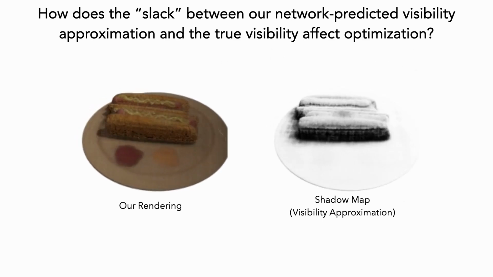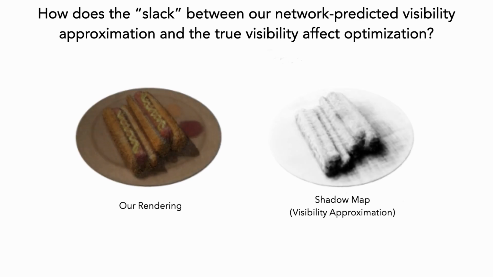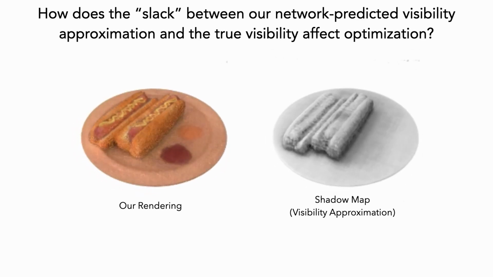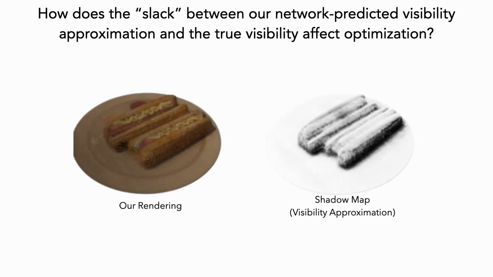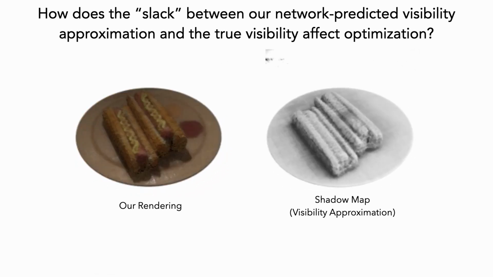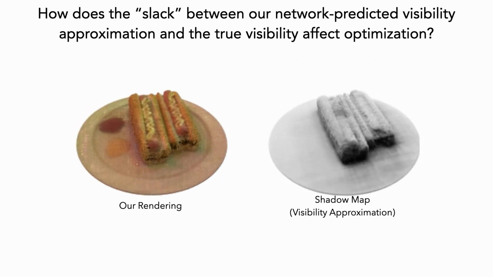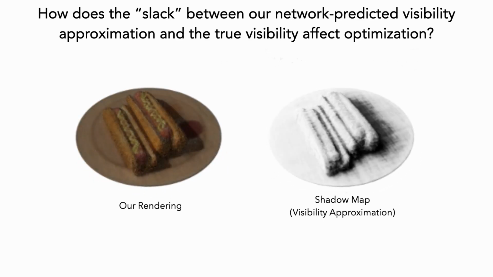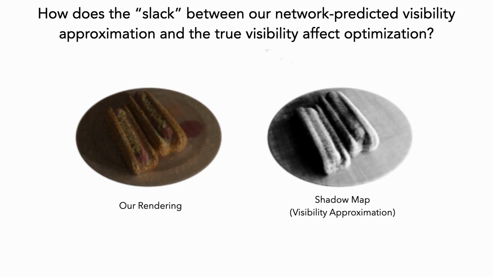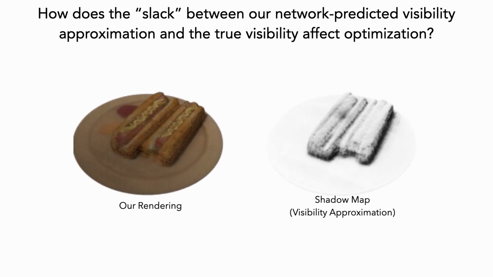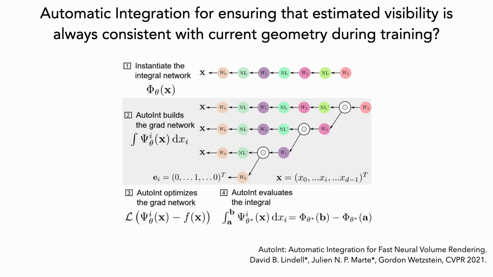It represents some state of what we think the visibility is for the geometry, and if the geometry changes, we make some estimates of some points of this visibility function and try to update the network to account for that. But there's no guarantee that this network's approximation is actually equal to the actual integral of volume density for the current state of geometry. And I think this is a likely cause of errors that we see in the final recovered representations, since the geometry and material parameters essentially have to be less accurate to compensate for the errors in visibility during training.